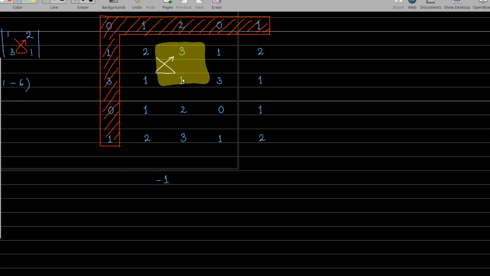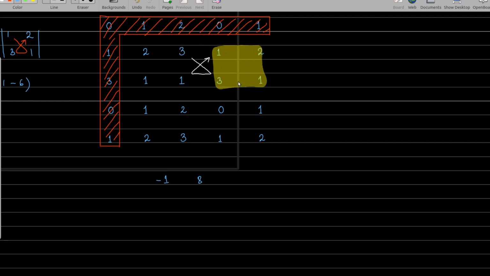Once this is done, we'll move on to the next submatrix. Here also we'll find out the determinant. The determinant will be 3 times 3 is 9 minus 1 times 1 is 1. So 9 minus 1 is going to give us 8. Again take this submatrix. 1 times 1 is 1, minus 3 times 2 is 6.